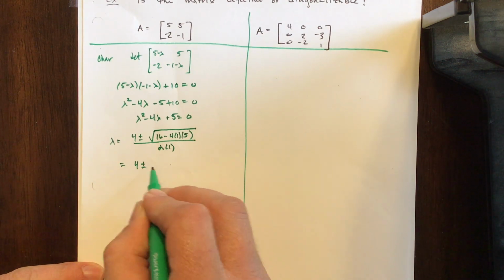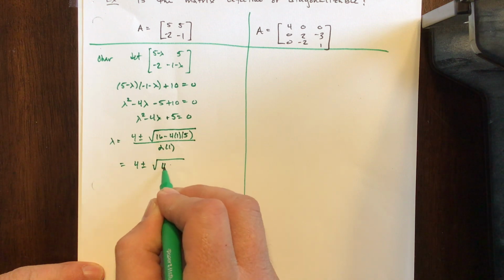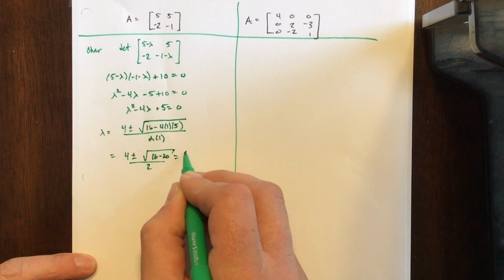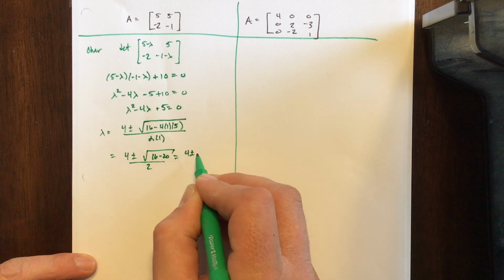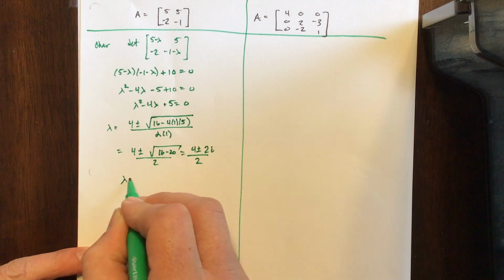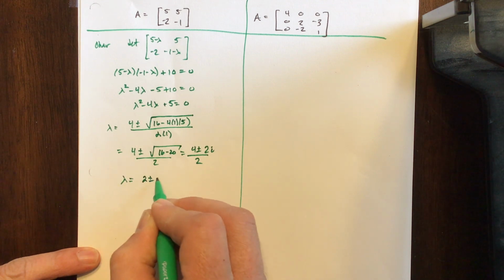So it's 4 plus or minus the square root of 16 minus 20 over 2. So that's 4 plus or minus 2i over 2. And so lambda equals 2 plus or minus i.